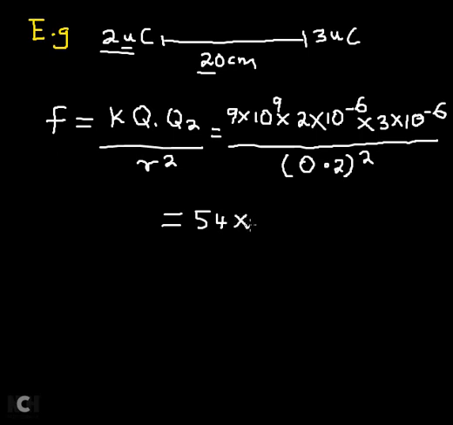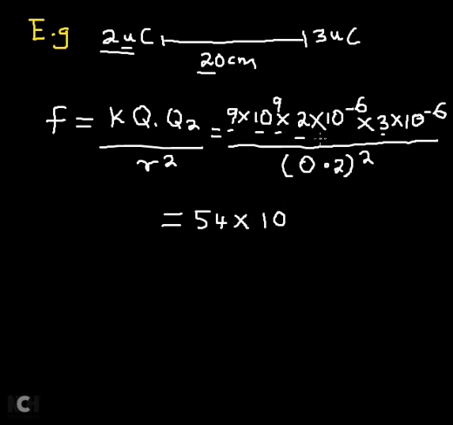I just multiply the integers, then I can work with the powers of 10 separately using indices. By the addition law of indices, the powers of 10 have the same base, 10, so all I need to do is add the powers since they are being multiplied.